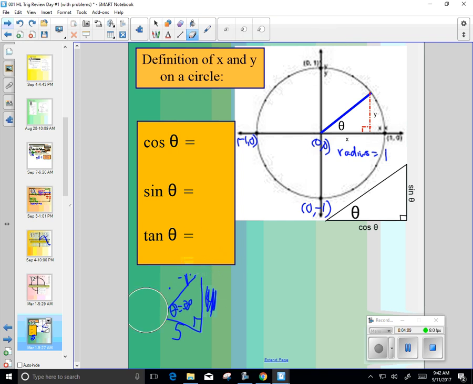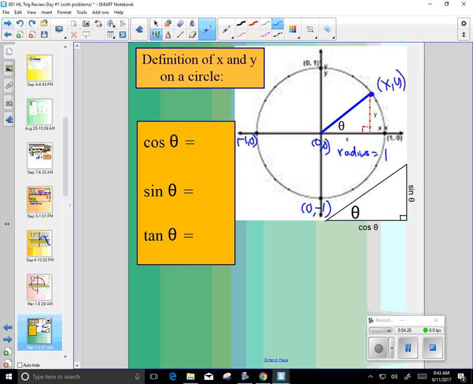I'm going to prove this really quick because it's so easy. I wouldn't do it unless it was easy. We're going to have theta. Here's x. Here's y. x is the distance from the origin to where our point is, x comma y.